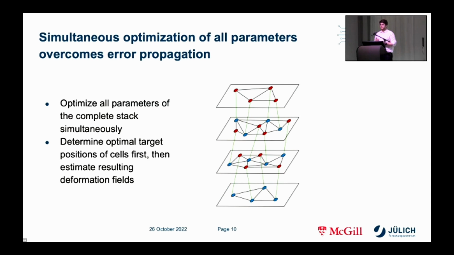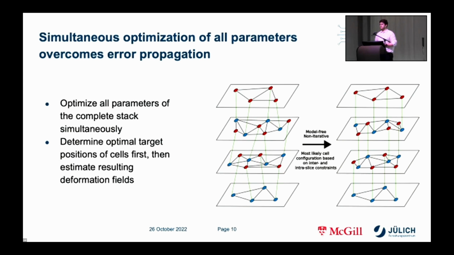So we have a stack of images, and we determine in the first step the optimal position of each cell, so we get the matching information correctly, and we don't do too much to the image. And in a second step, we use our polyaffine transformations to model exactly this deformation. So we remove the section-by-section approach, so there's no error propagation through the stack anymore.